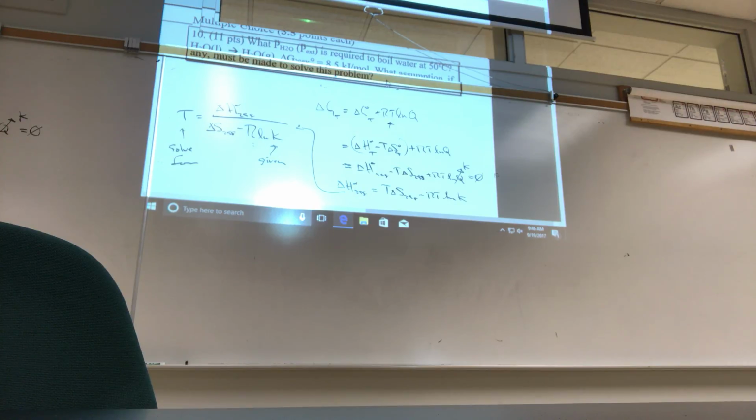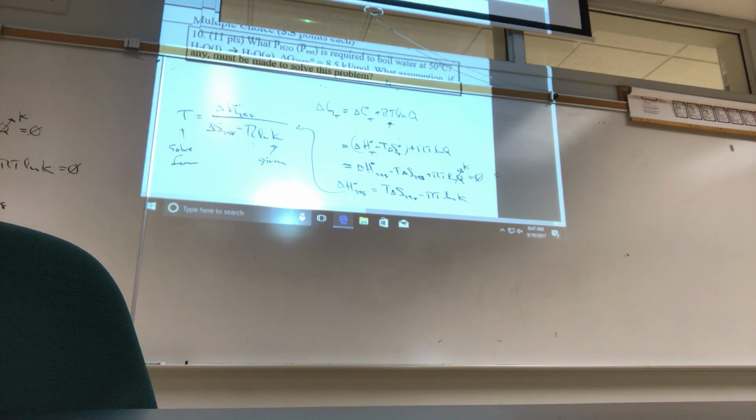And so this helps us here. Now we have temperature as a variable here, plus RT ln K, and this is equal to 0. So we'll solve for ln K. RT ln K is equal to, let's subtract delta H naught from both sides and add this, so we get T delta S naught at 298 minus delta H naught at 298.